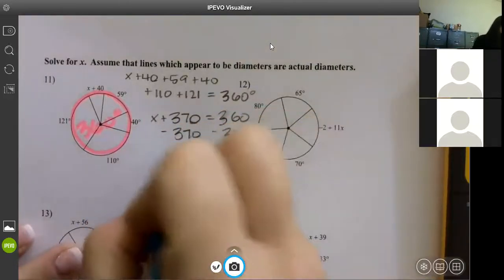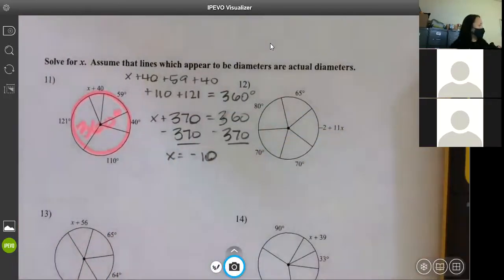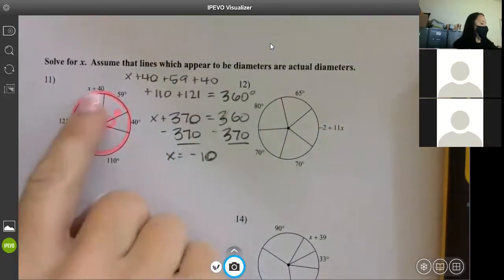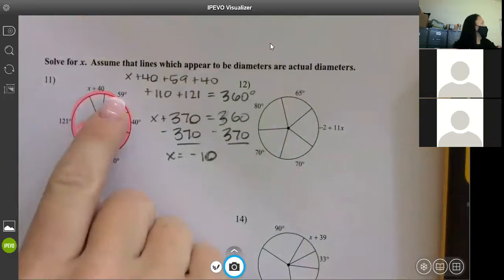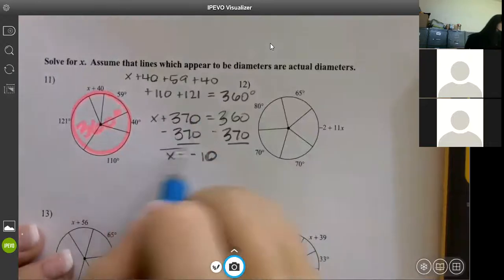And we get x equals negative 10. Again, don't freak out because you get a negative number, because when I plug it back in, what is negative 10 plus 40? 30. So I still get a positive measure. Does everybody understand? The only way you'd freak out is if you got a negative measure. So if x was one of those arcs by itself, then I would worry that I did something wrong. So that's it.